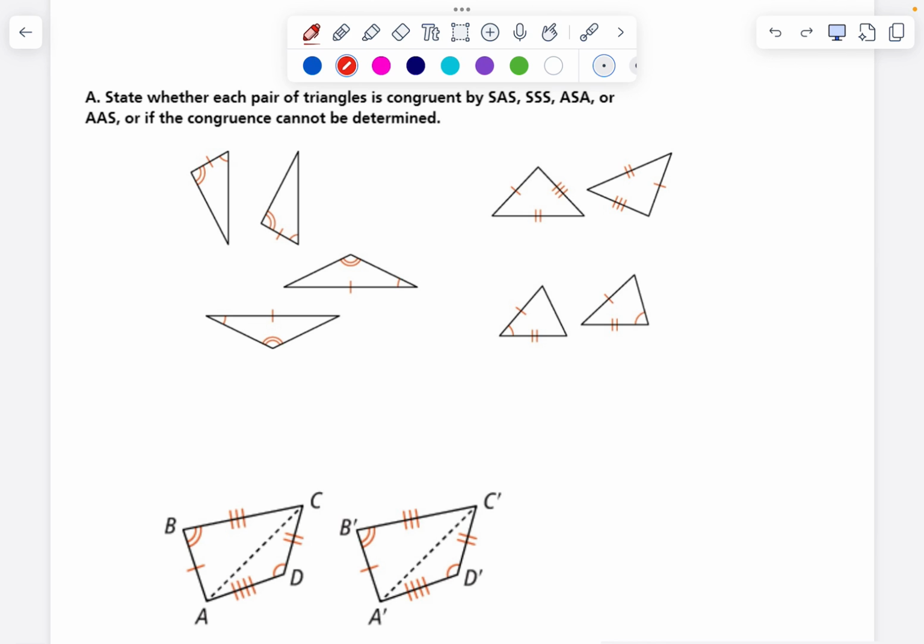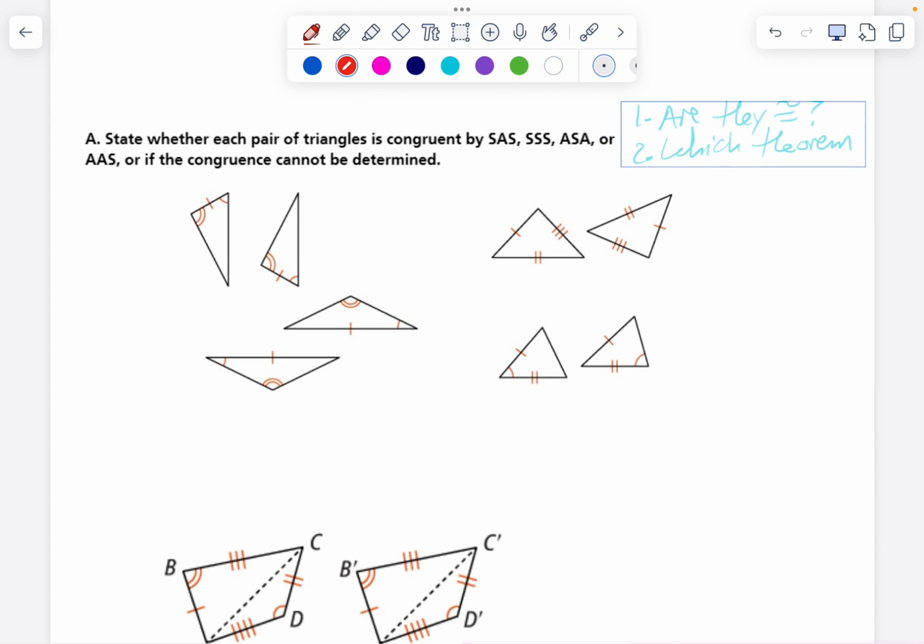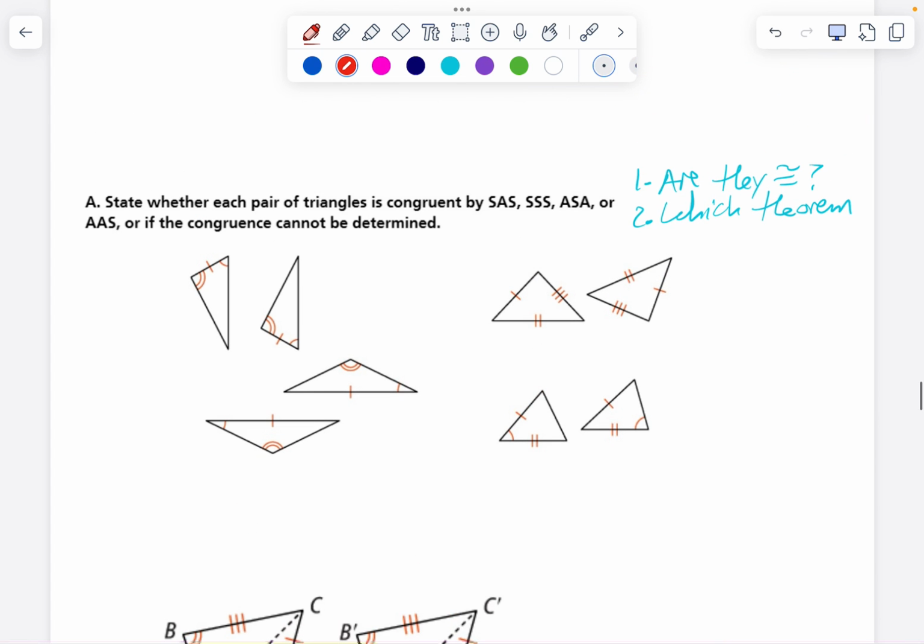So top left, the very top left. What do you think? Are those congruent? So I'm just asking, are they congruent by which theorem? Yes, these are by what? ASA. Good. So angle, side, angle.